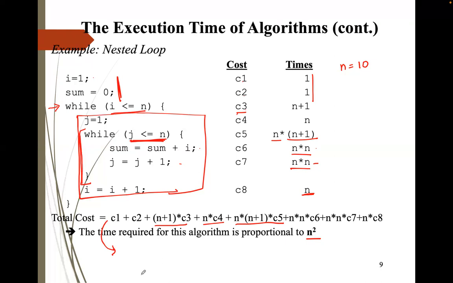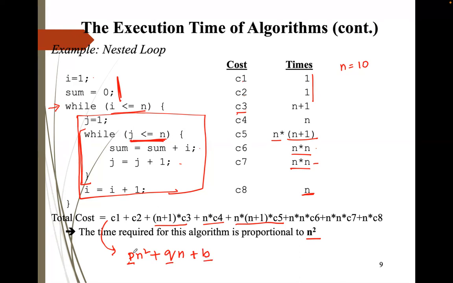If we simplify this statement, we're going to find something like Pn square plus Qn plus B, where P, Q, B are all constants.